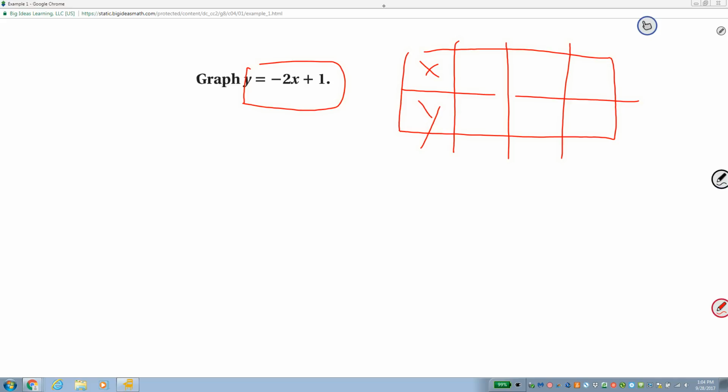X and Y are your independent and dependent variables. X is considered independent because we can put in any number for X and we get something for Y. Just imagine you're going to the vending machine to grab a soda or water because you're thirsty, and it costs $1.